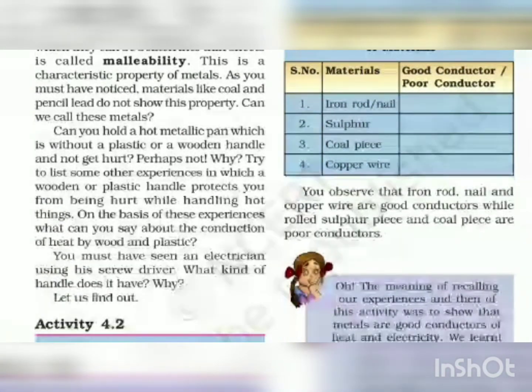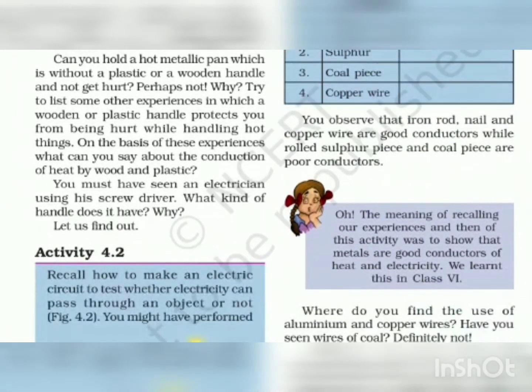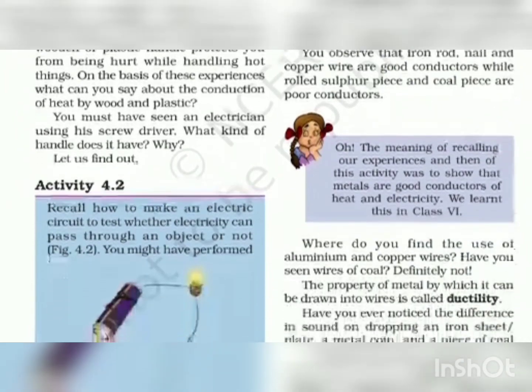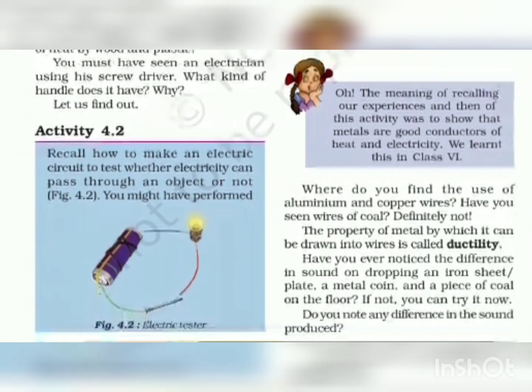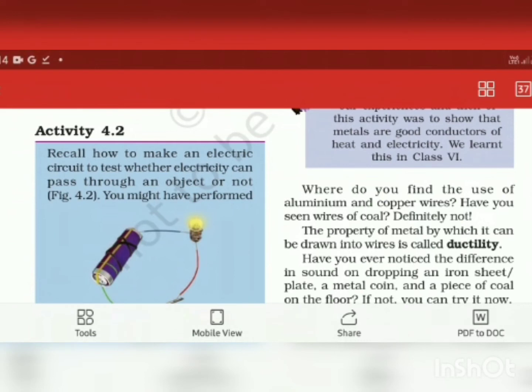So you observe that the iron rod, nail and copper wire are good conductors, while the sulfur pieces and coal pieces are poor conductors. So you understood now. Here we can understand that metals are good conductors and non-metals are bad conductors of heat and electricity.